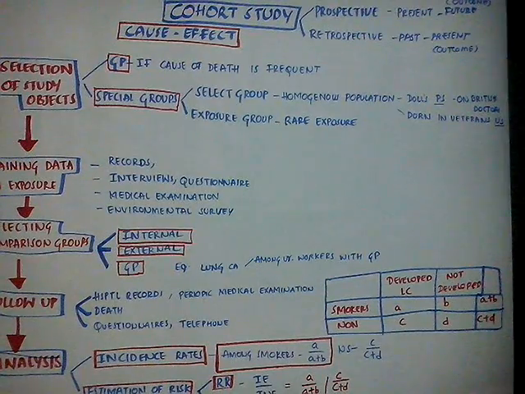Example, if there is lung cancer, if the attributable risk is 91.4%, that is the association between smoking and lung cancer, the risk of lung cancer due to smoking is 91.4%. So on reducing smoking, we can prevent lung cancer.